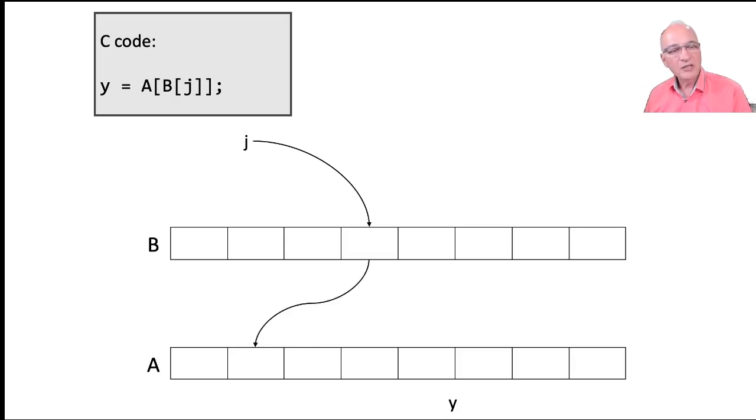When I obtain that value from the array B, I will use that result to find the position in array A, and when I get that value, I'll put it into the variable Y.